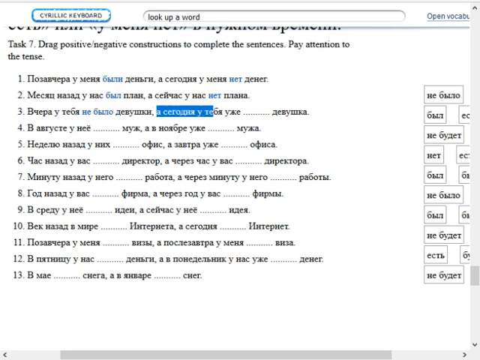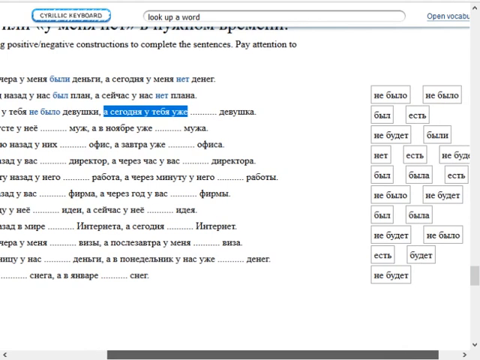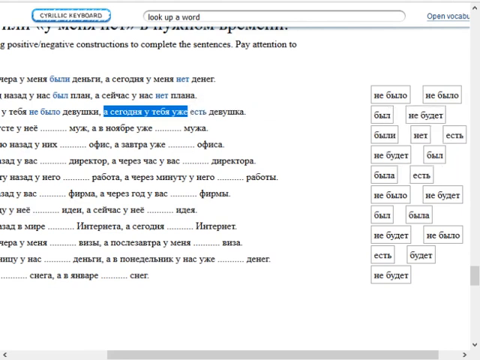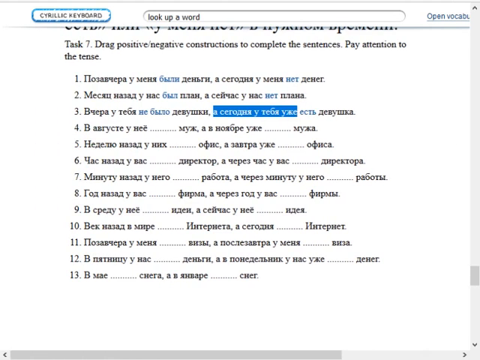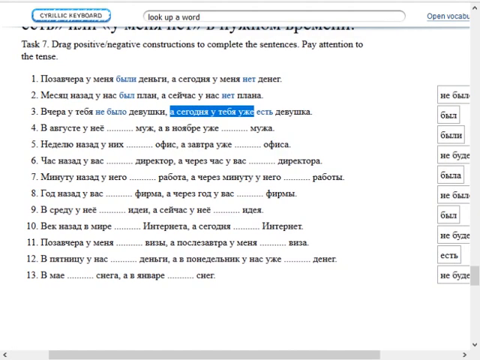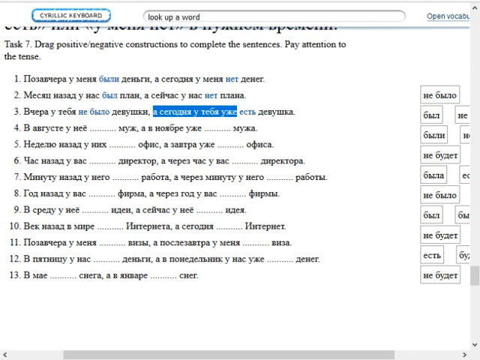А сегодня, but today у тебя уже, but today you already have a девушка. So we can just say есть. У тебя уже есть девушка. That part is at least very simple. В августе у него, so this is, well, I guess this depends on whether August is in the future or in the past, but I'm pretty sure that they're talking in the past.